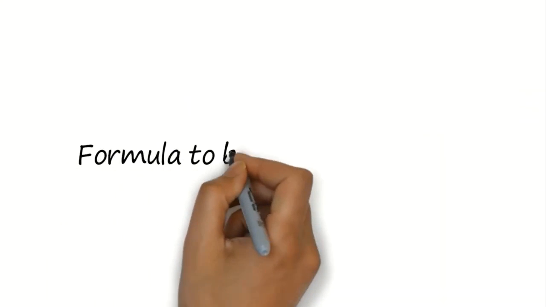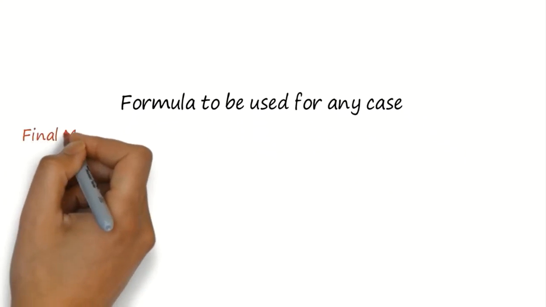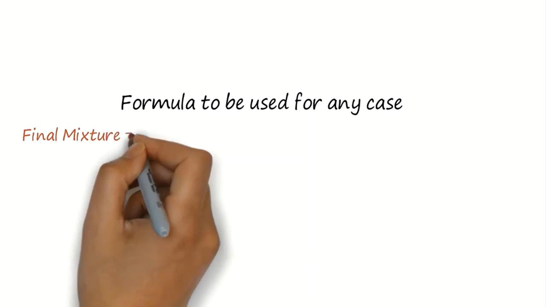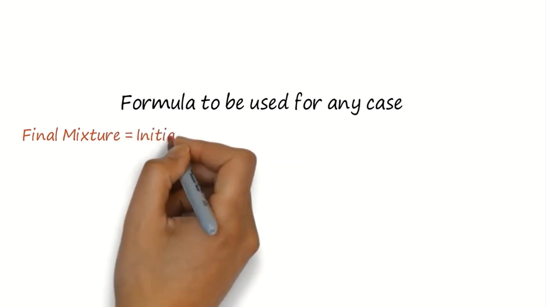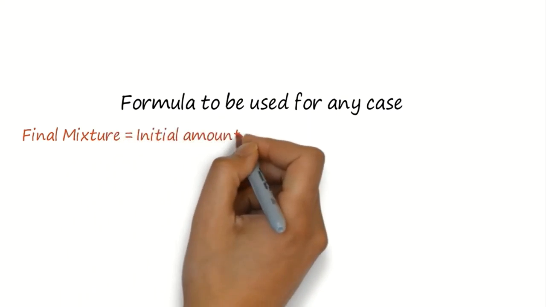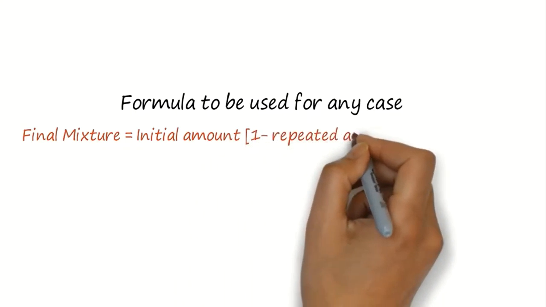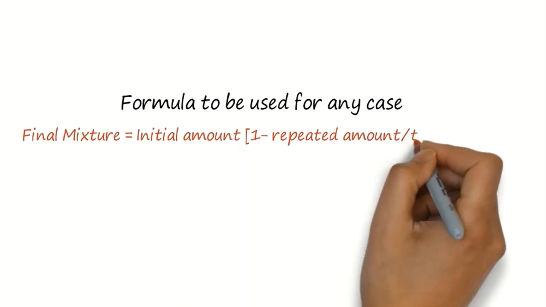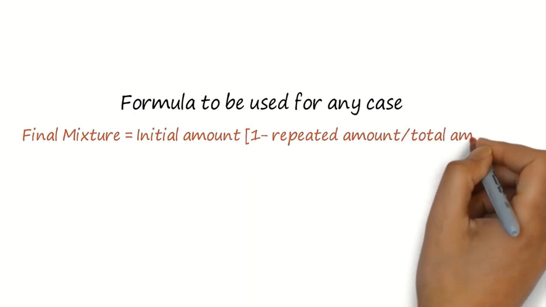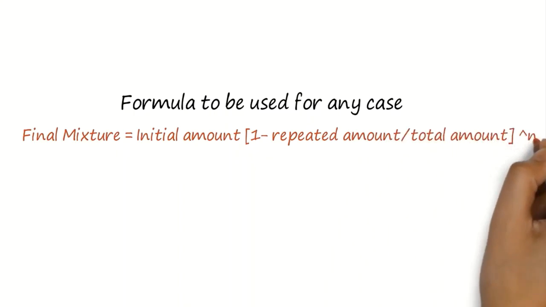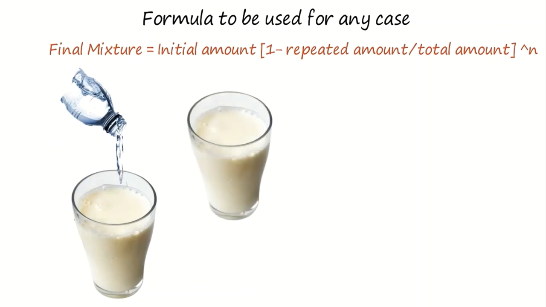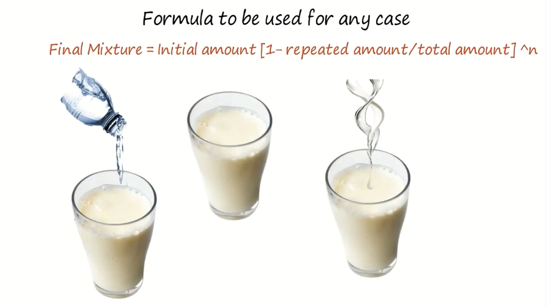So the formula to be used for any case is: final mixture, which is also known as reduced mixture, will be equal to initial amount, that is without mixing anything, multiplied by (1 minus repeated amount, that is the amount of impurity, divided by initial or total amount) to the power n, where n stands for the number of times impurities are mixed.